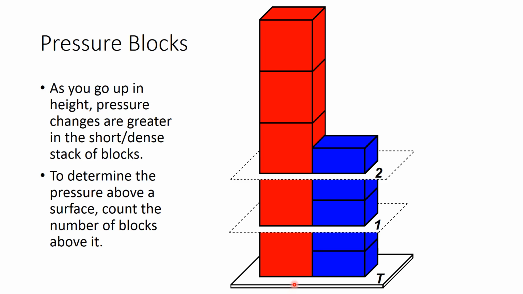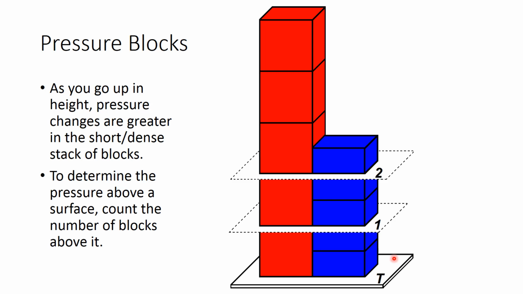So we're just going to say that the table has a pressure exerted on it of 5 blocks. Meanwhile, in the blue column, you also have 1, 2, 3, 4, 5. So down here at the surface on this table, both columns still are exerting the same amount of pressure.